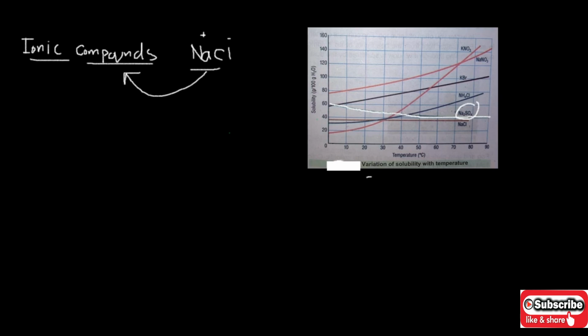Temperature dependence of solubility can be visualized with the help of a solubility curve. On the x-axis we have temperature measured in degrees centigrade, while on the y-axis we have solubility of the substance, gram per 100 gram of water.